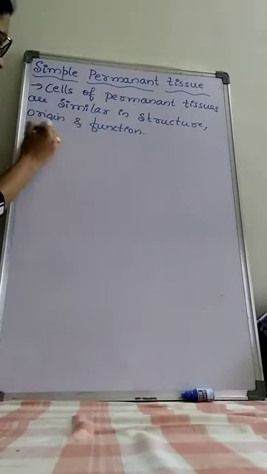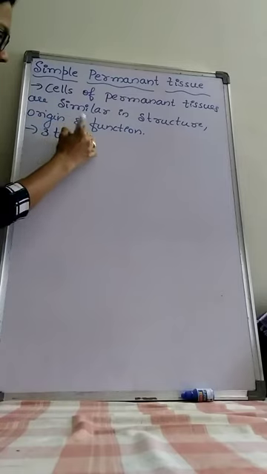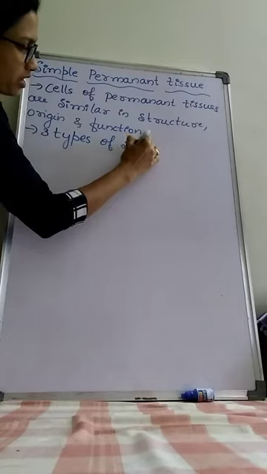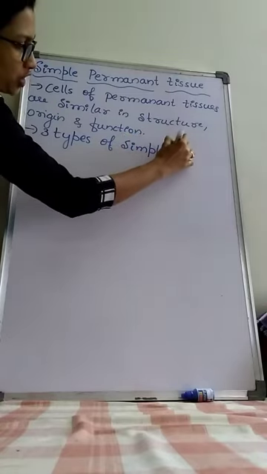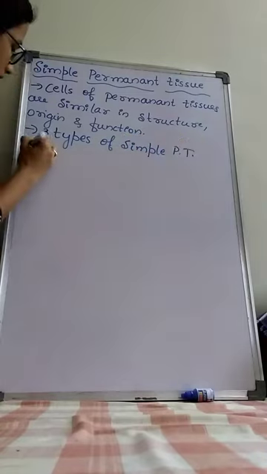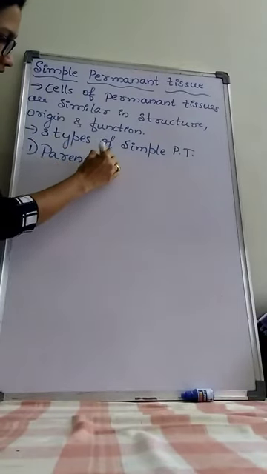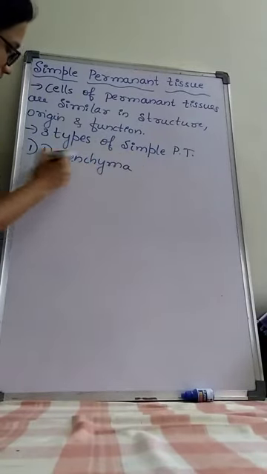There are three types of simple permanent tissues, such as parenchyma, collenchyma and sclerenchyma.